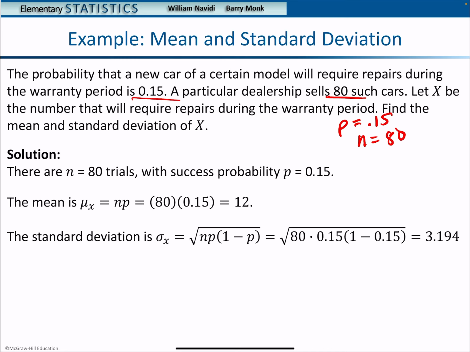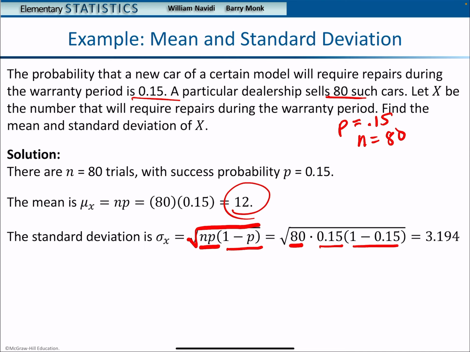So the mean is np, so just multiply, that's 12. That's nice. And then the standard deviation is the square root of np times 1 minus p. So np is 80 times 0.15, and then 1 minus p is 1 minus 0.15, or 15 hundredths.